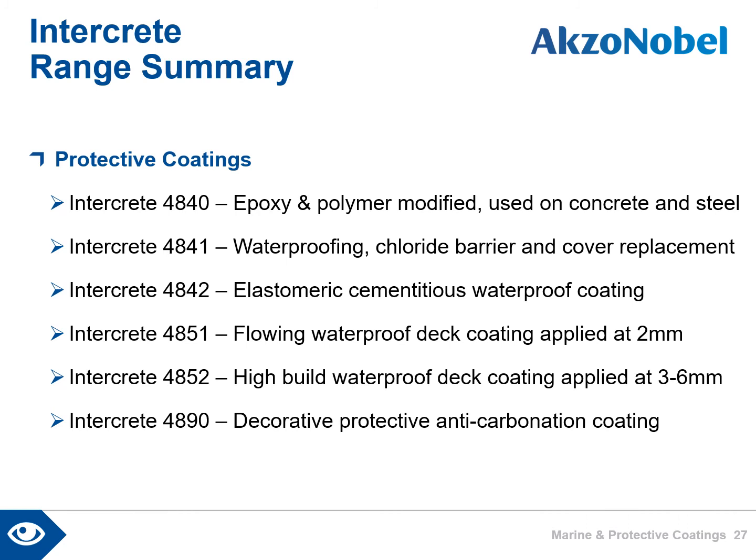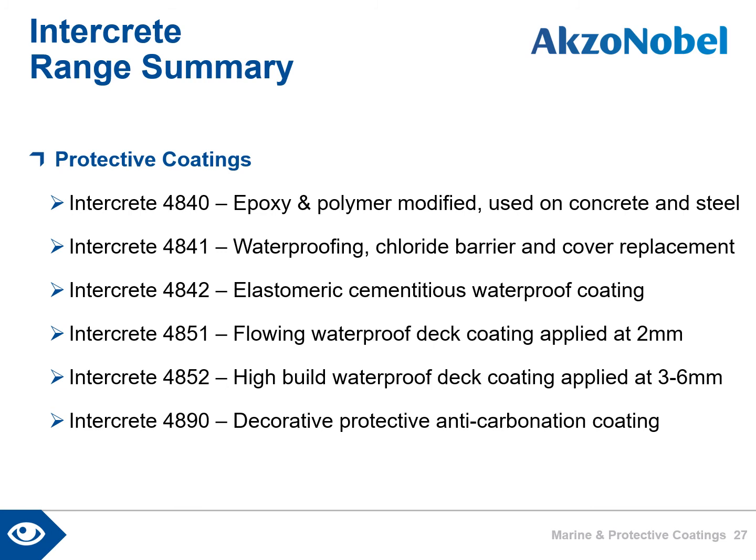Intercrete 4841 provides structural waterproofing. It's a complete barrier to chlorides and is effective concrete cover replacement, 2 mm being equal to 100 mm of effective concrete cover. Intercrete 4842 is our elastomeric grade of cementitious waterproof coating.